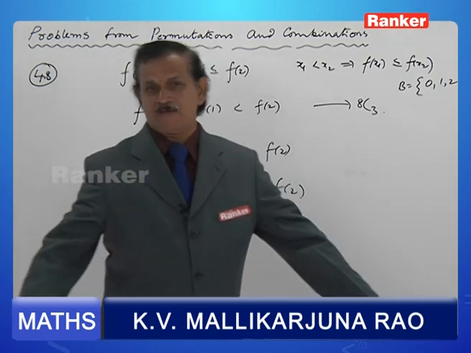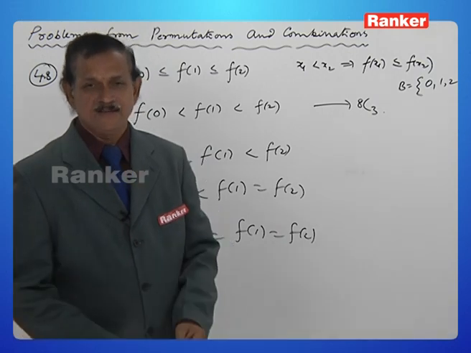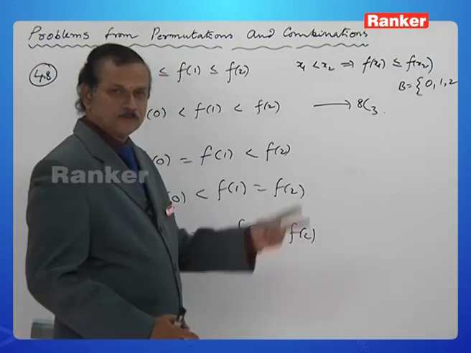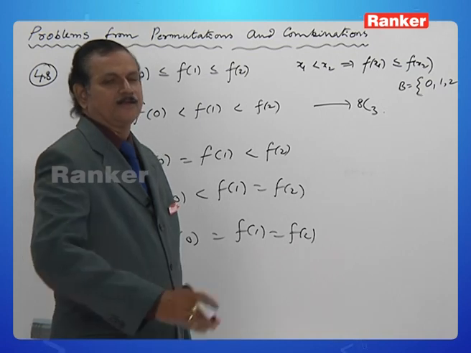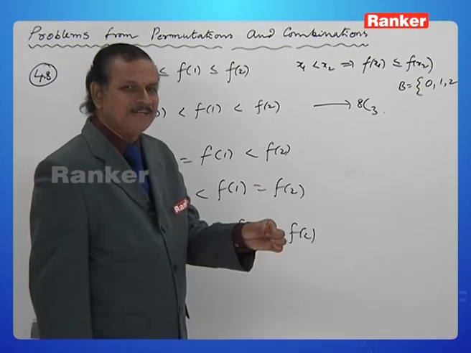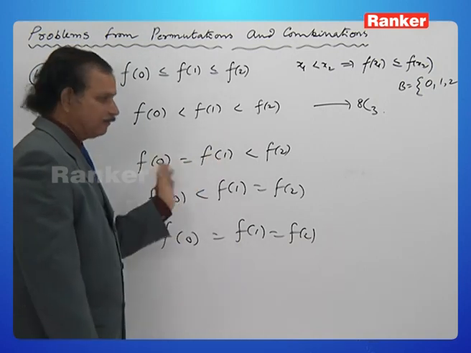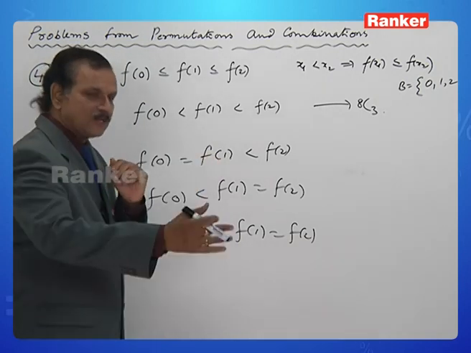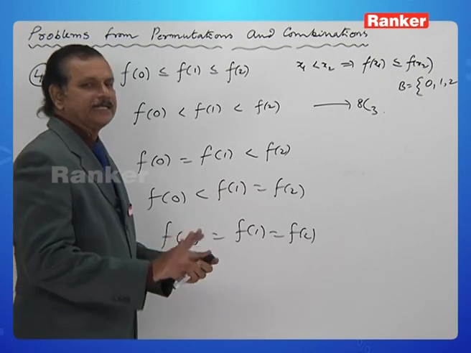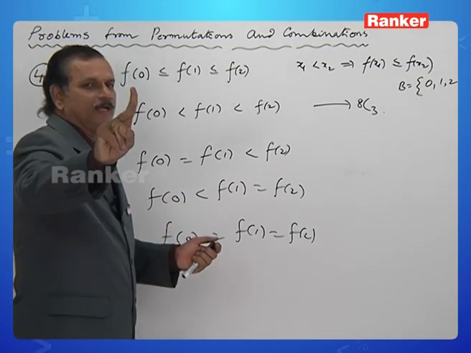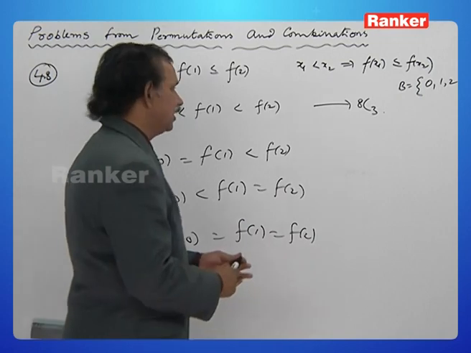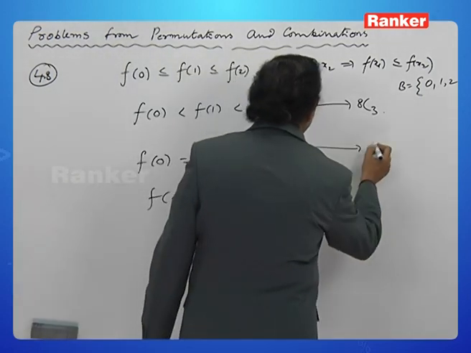The non-decreasing character is satisfied. Therefore, you are supposed to choose 2 elements there in an increasing order. The smaller element will be fixed as the image for these 2 elements, f of 0 and f of 1, and the next element, f of 2. So, it is just enough if you are able to choose 2 distinct elements. How can you choose? 8C2 ways.